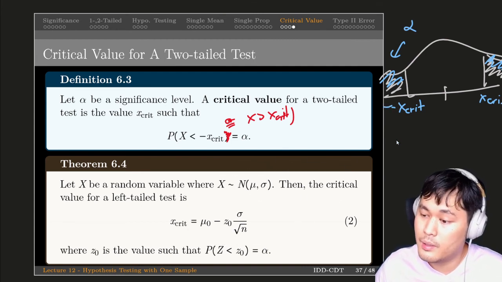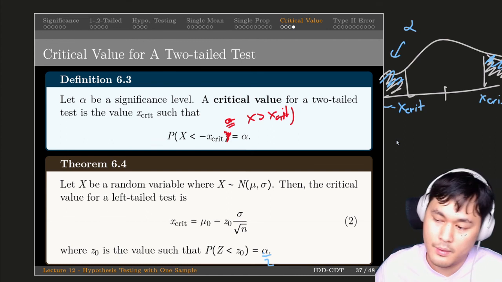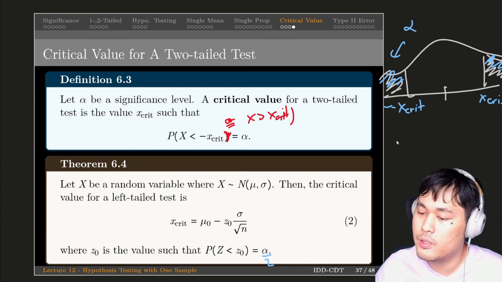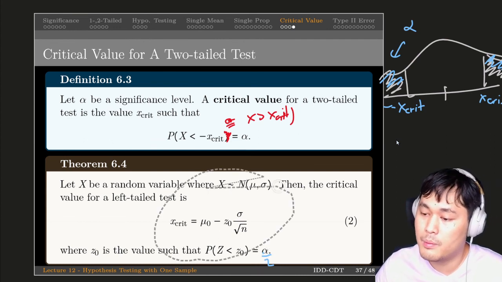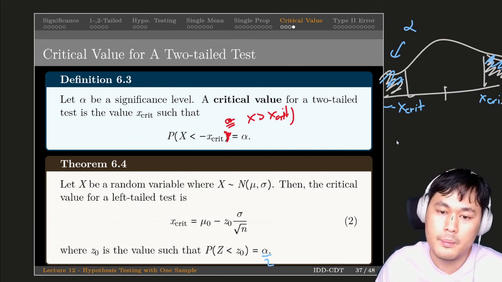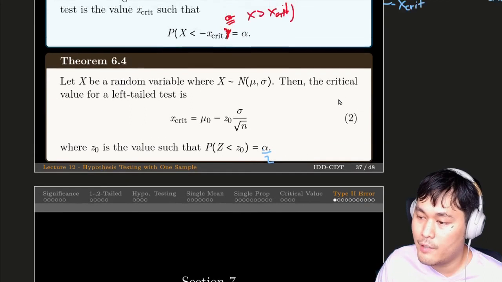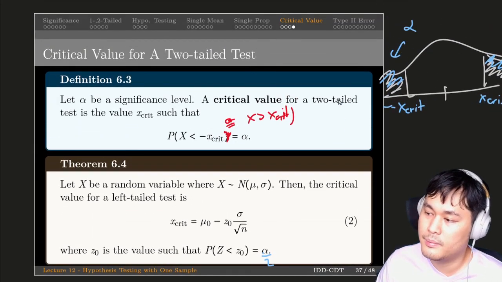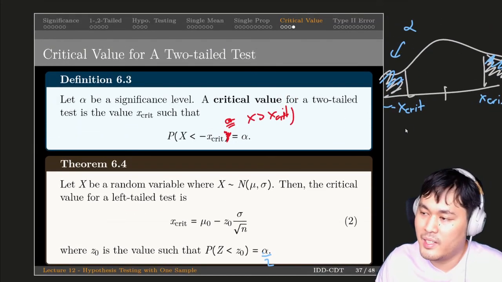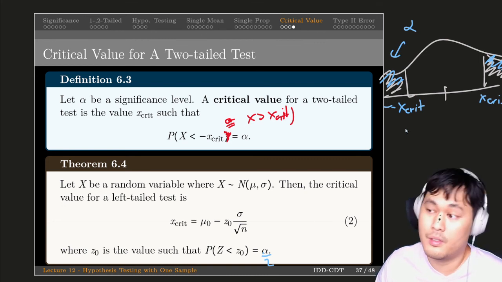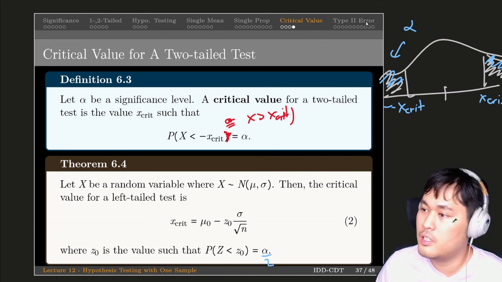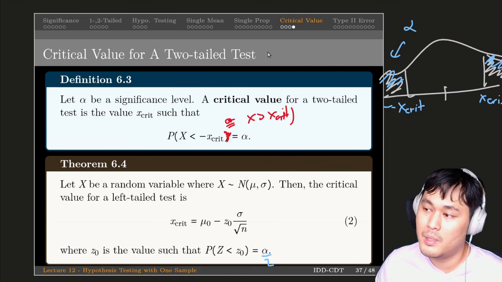And then this has to be divided by 2. So you can compute the critical value in the same way. But that's a critical value. I don't have an example here. Okay, so we will see how to use the critical value to determine the type 2 error.